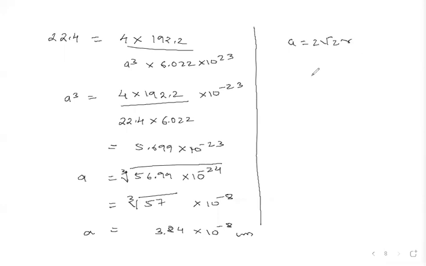अब मैं क्या करूंगा, I take A is equal to 2 root 2 R and R is equal to A upon 2 root 2. 10⁻24 का क्यूब रूट करो ना, 10⁻8 आएगा। So 3.84 into 10⁻8 upon 2 into 1.414. तो कितना आता है? 3.84 divided by 2 divided by 1.414.